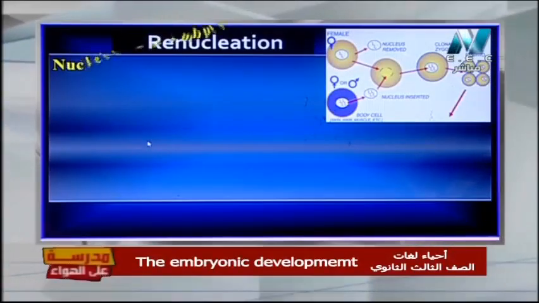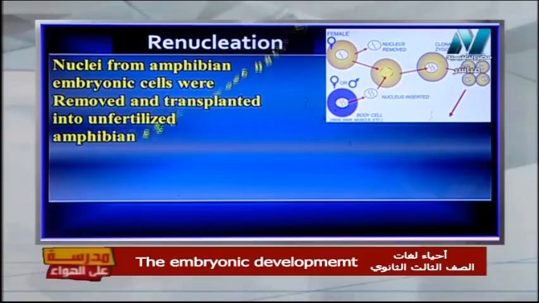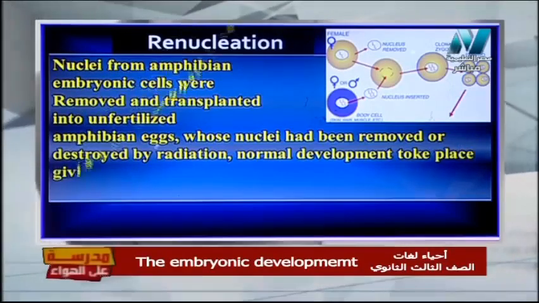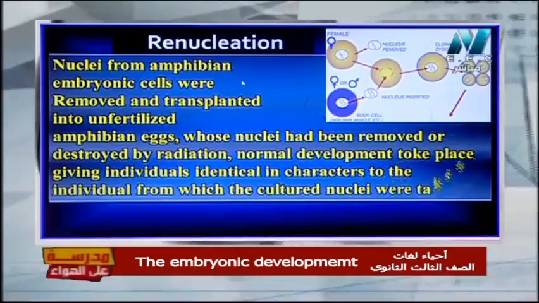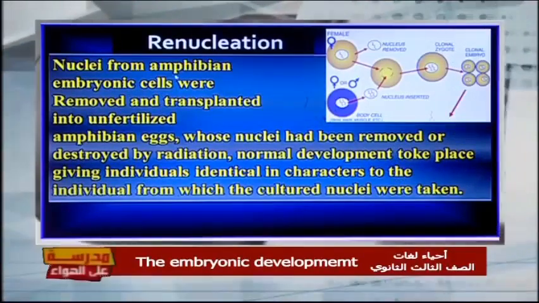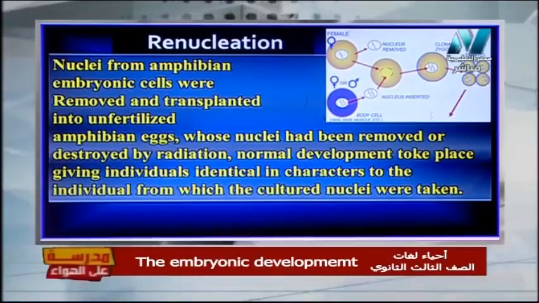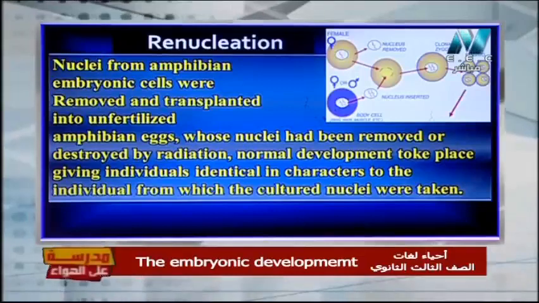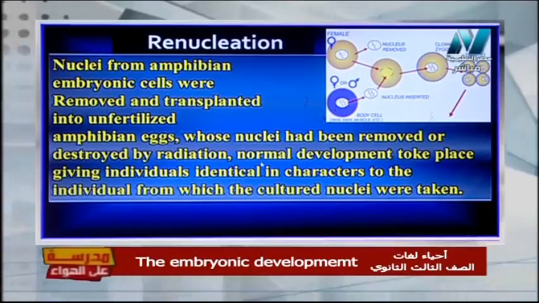عندنا حاجة كمان اسمها رينيوكليشن. إيه حكاية الرينيوكليشن دي؟ هو هنا لما يجي يقول لك مثلاً أنا عملت removing the nucleus from the ovum or destroyed by radiation، يبقى the nucleus from, for example, amphibia embryonic cells were removed and transplanted into the unfertilized embryonic egg whose nuclei has been removed or destroyed by radiation.